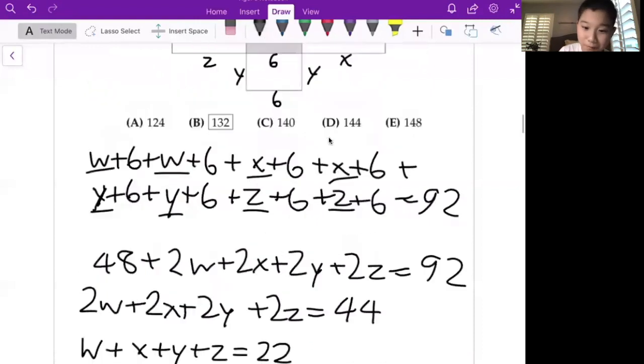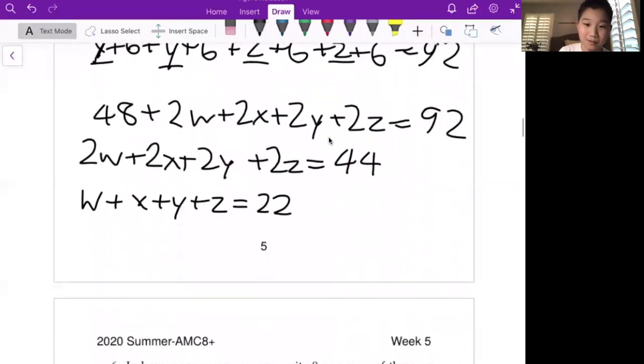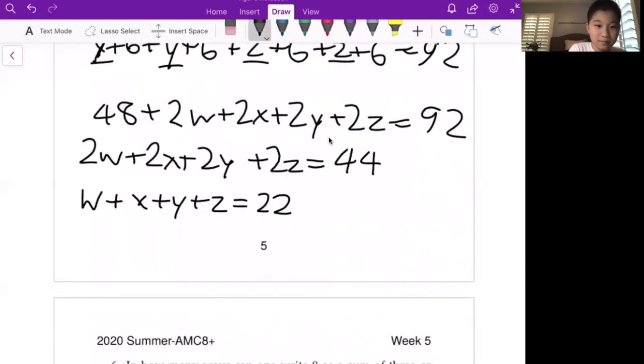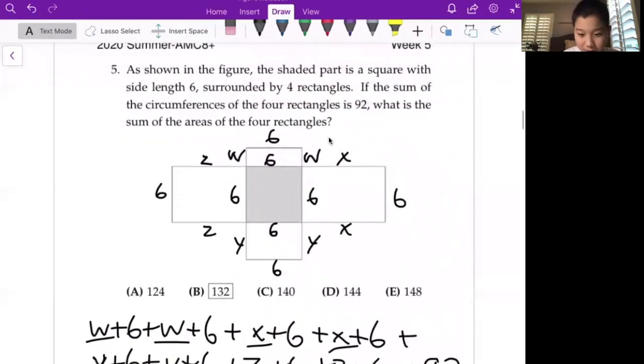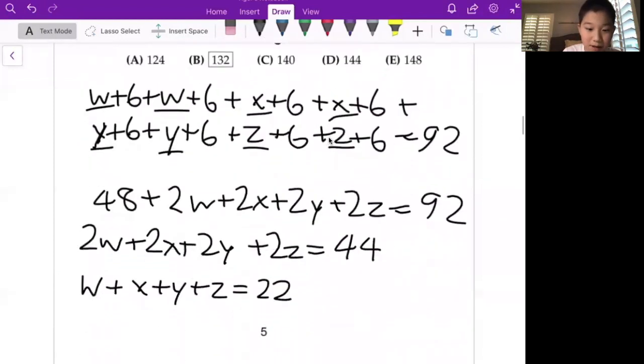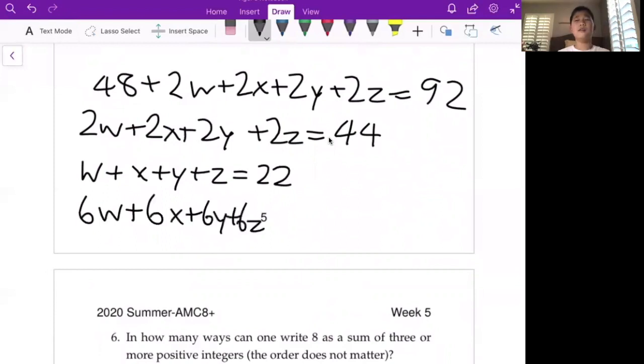What's it asking for? The sum of the areas of the 4 rectangles. So what is that? Well, let's look at the diagram again. 6W plus 6X plus 6Y plus 6Z, right? Well, do you realize something?